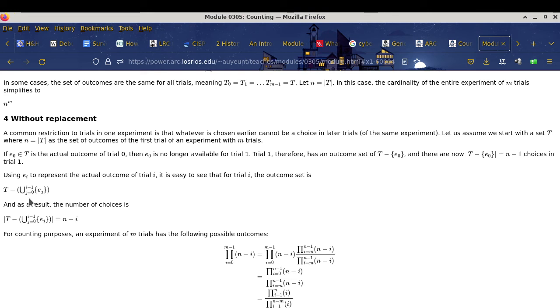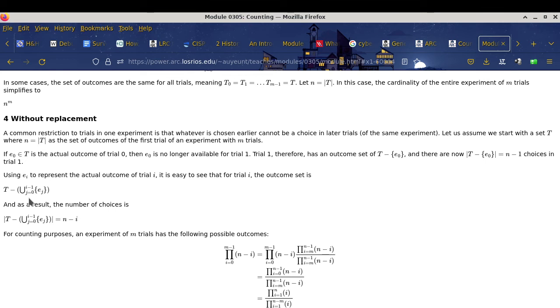In other words, we are saying T minus the singleton set E0, unioned with the sets containing only E of 1, E of 2, and so on, all the way up to E of I minus 1. So we have to remove all the chosen marbles from the bag in order to figure out, for trial I, what choices we have left.